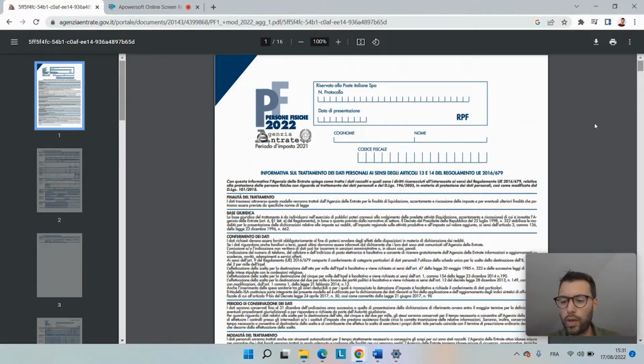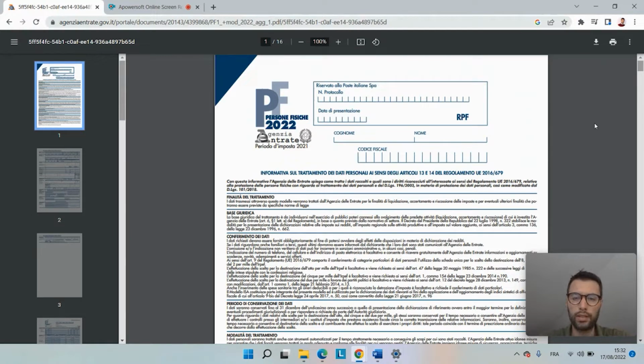So this is a quick guide to understand how to read your Modello delle Persone Fisiche, which is the form in which you can make your tax declaration in Italy for a fiscal year.